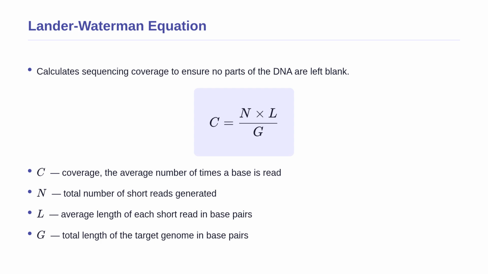In this formula, C represents the coverage. N is the total number of short reads generated by the machine. L is the average length of each short read, and G represents the total length of the target genome. If we increase the number of reads, or the read length, our coverage increases, giving us more overlapping data and a much more accurate assembly.